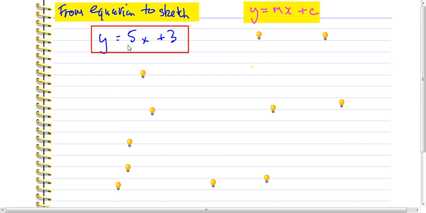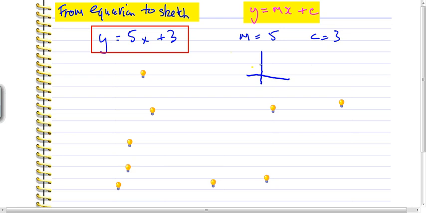So for instance, if we have this equation here, y equals 5x plus 3, by comparing with our standard form, we can see that m is 5 and c is, hopefully you see, 3. So then we can sketch that by just drawing our axes here.